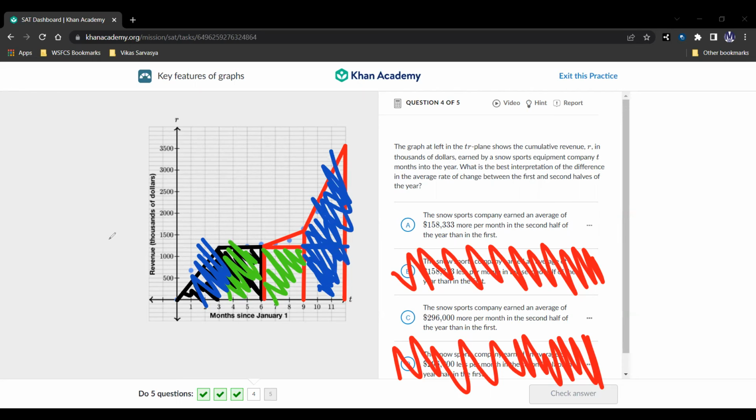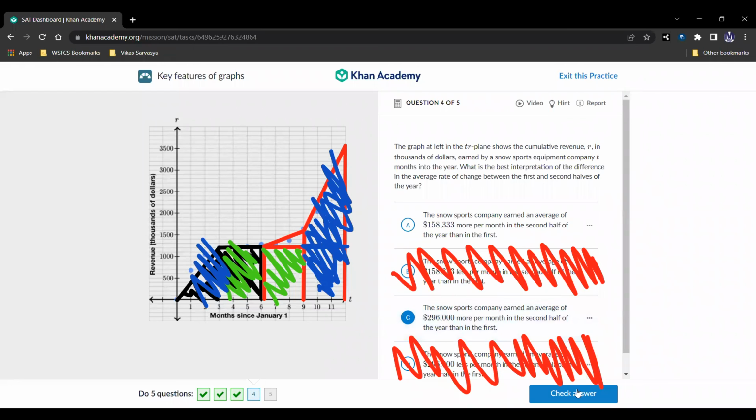So 1.2 million, that much is extra for those 3 months. So if we're trying to find the total, that would be 1.2 million times 3, and then we have to divide by 12 for the number of months. If we divide by 12, it would be around $300,000. So our answer then would seem to be choice C, around $300,000.